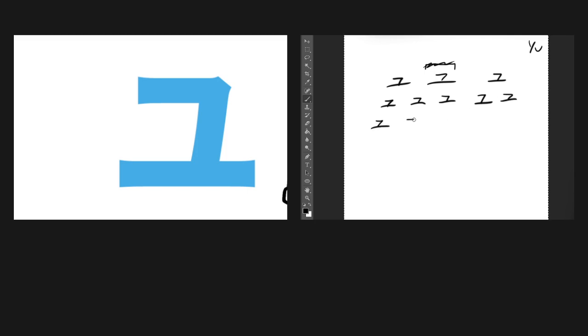Technically, these are not letters, these are characters. Or maybe they are letters. I don't know what the strict definition of a letter is. They sort of form an alphabet, I guess.